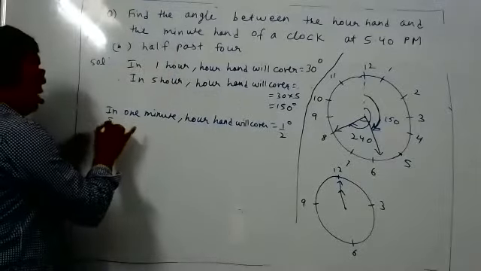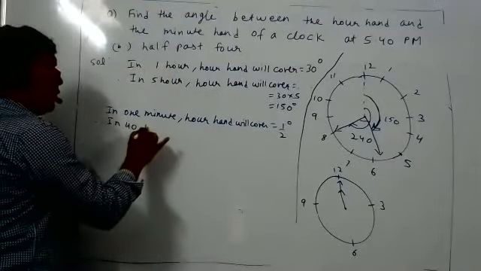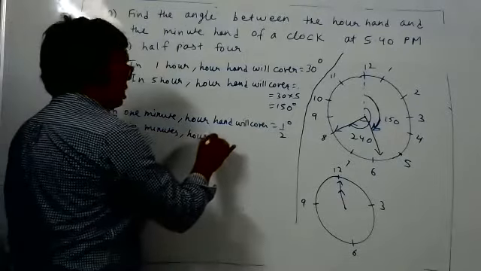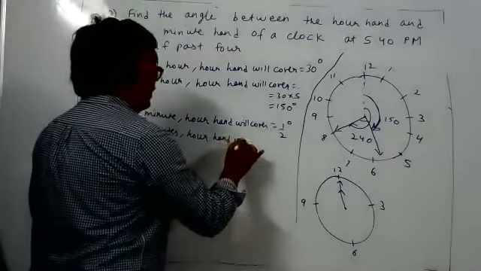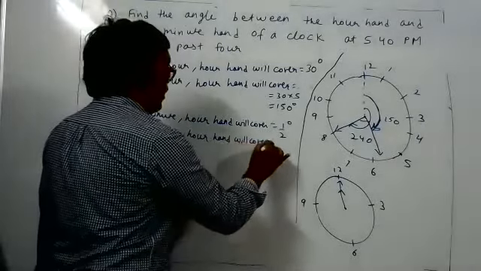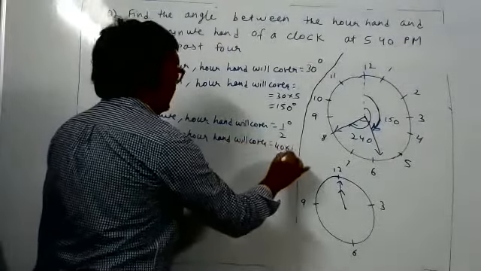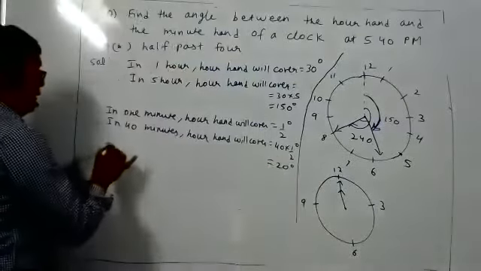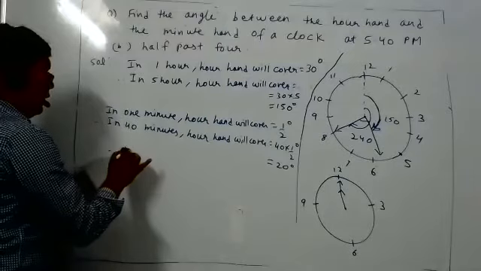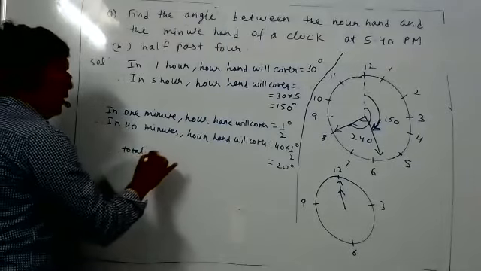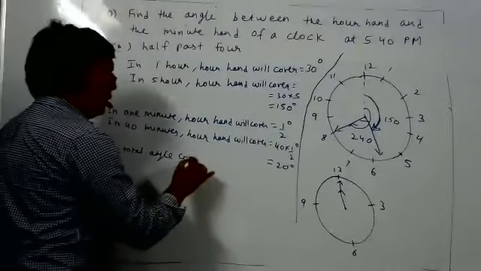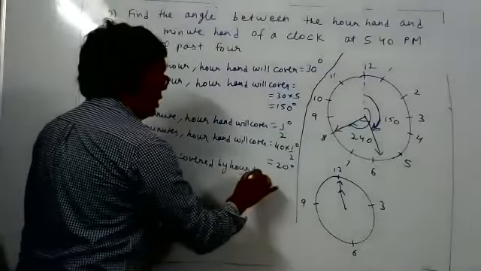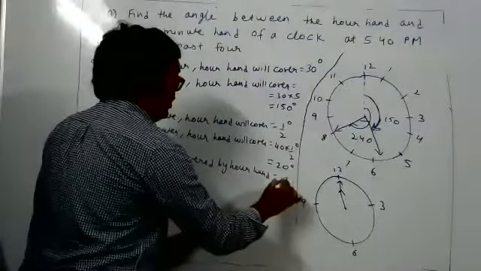Therefore, in 40 minutes, the hour hand will cover 40 into half, that is 20 degrees. So the total angle covered by the hour hand is 170 degrees.